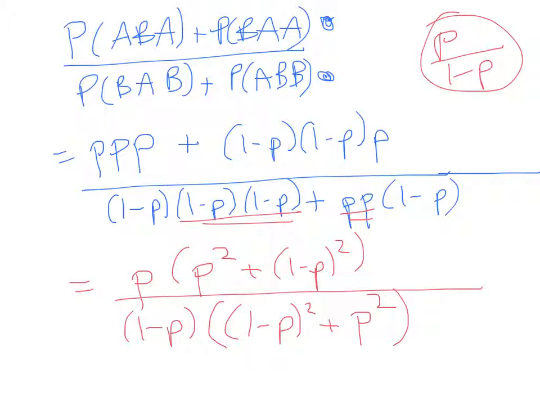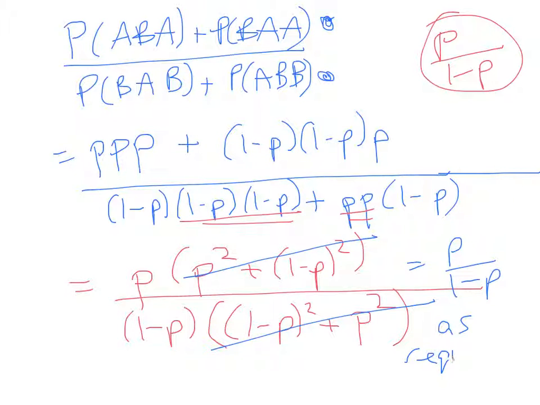Okay, so I can simplify by dividing the top and bottom by that, and I'm left with equals P over 1 minus P, as required.